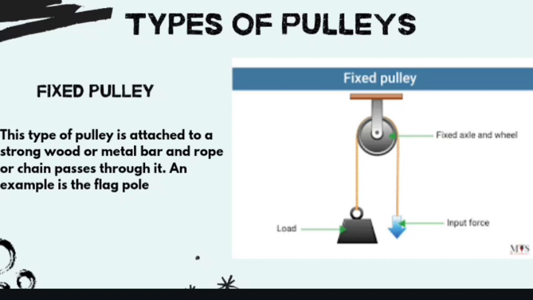The metal bar that the rope is passed through is not moving. It's just fixed. Okay, that's about fixed pulley. An example is the flag pole. So you see that when you're using a pulley to flag a pole, the metal bar is not moving, it's just the ropes that are moving, so it's actually fixed.